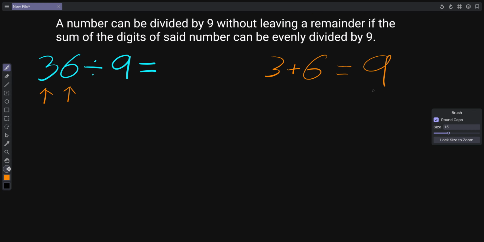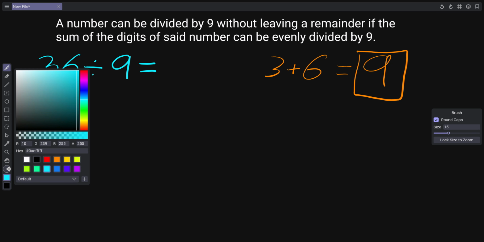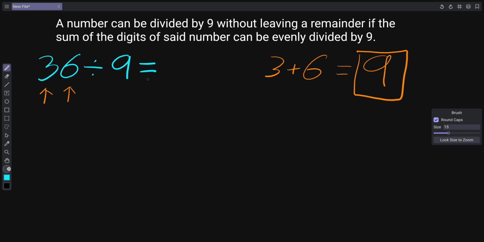This gives us 9, and then we'll ask if what we get from this process can be evenly divided by 9. And 9 can be evenly divided by 9 because 9 will go into 9 once. So we can conclude that 36 is in fact evenly divisible by 9. And 36 divided by 9 equals 4, because 9 times 4 equals 36.